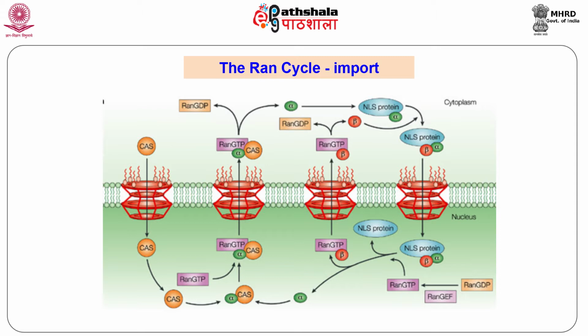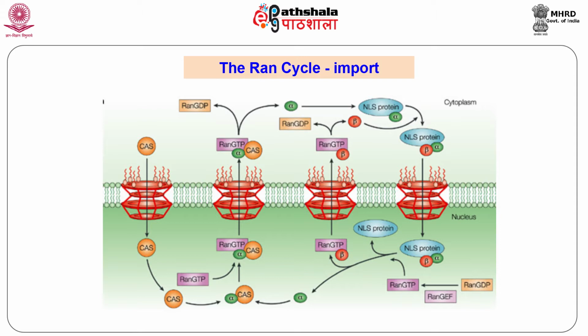When it reaches the nucleus, then importin beta from this complex binds tightly to the RAN GTP present in the nucleus. This binding causes change in the conformation of importin. Due to this conformational change, cargo molecule dissociates from cargo importin complex.